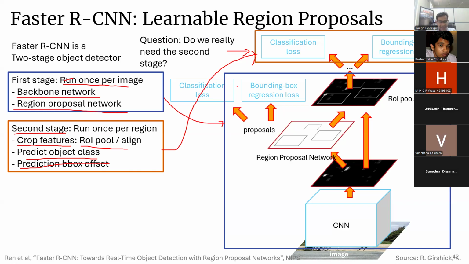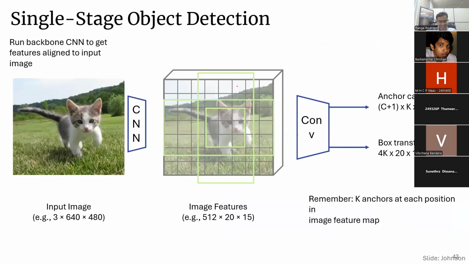Do we really need the second stage? Of course, you can ask that question. Then people came up with the single stage detectors: run the backbone CNN to get the features aligned to the input image. And then the features are there. For each of the k anchors, you can have a class.